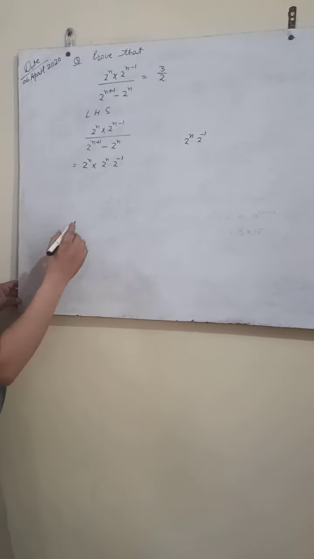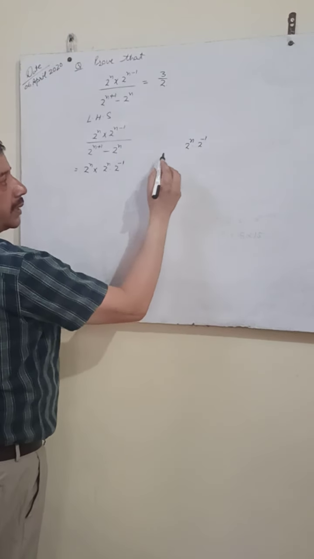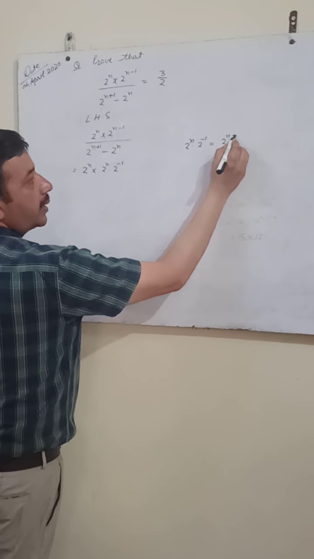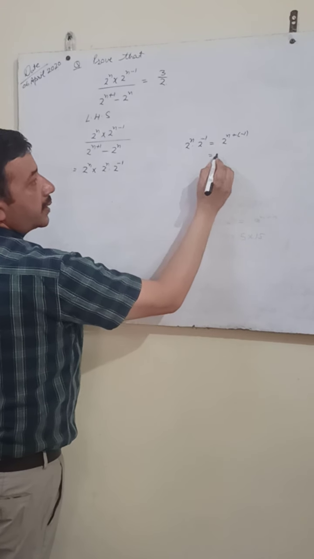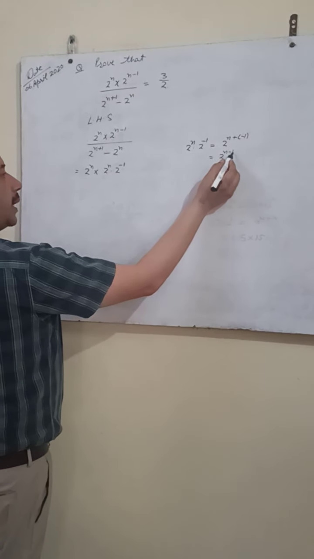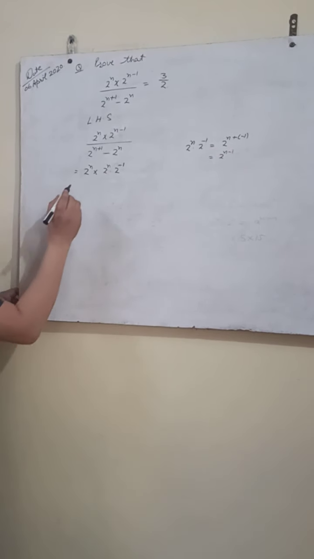I have told you that if the bases are equal, the powers are added. So 2 power n plus minus 1 is equal to 2 power n minus 1. So I can write 2 power n minus 1 in this form, right?